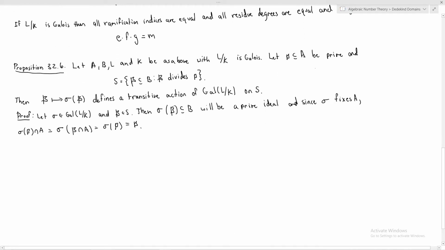Yeah, I guess maybe I also need that sigma is injective in order to make this statement. Okay, regardless, this gives a well-defined action of the Galois group on S. The difficult part is to show that this action is transitive.